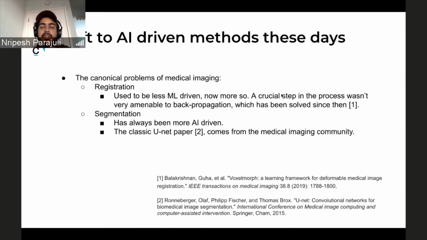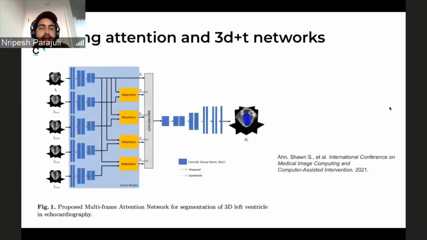But these days the popular deep learning packages include this spatial transformation step where you can do backpropagation with it. Therefore, a lot of these registration methods can also be now data driven. So overall, a lot of advancement in the field.